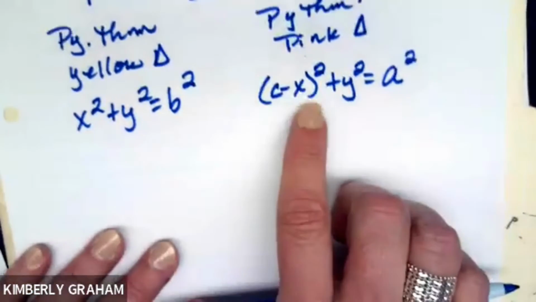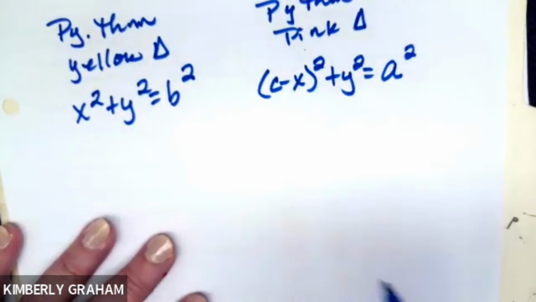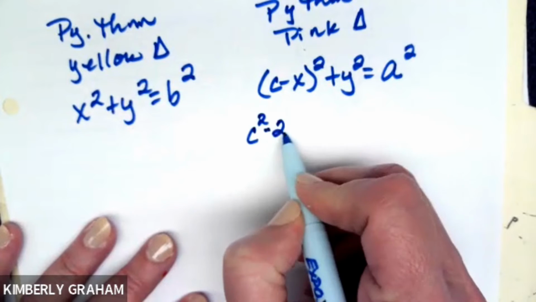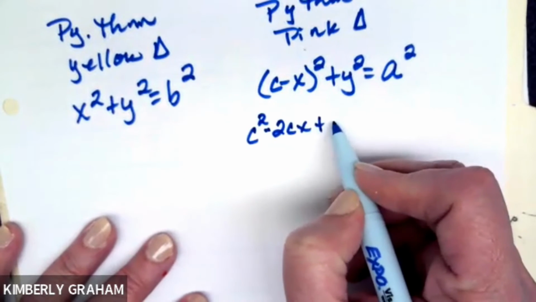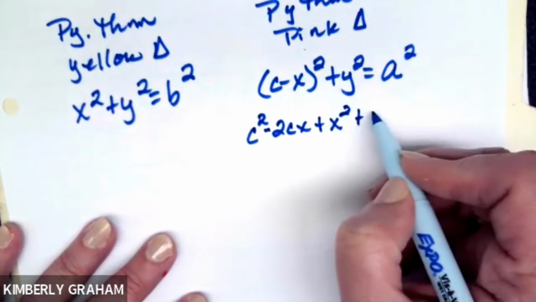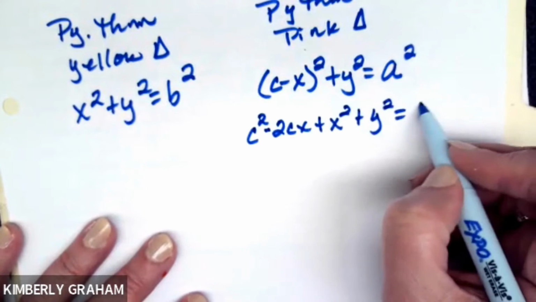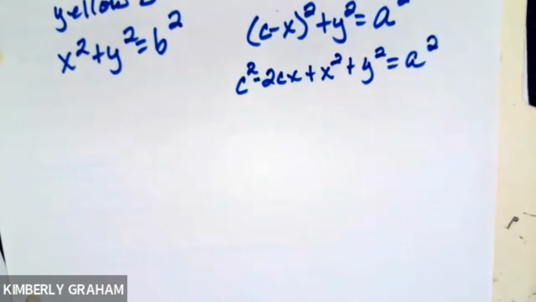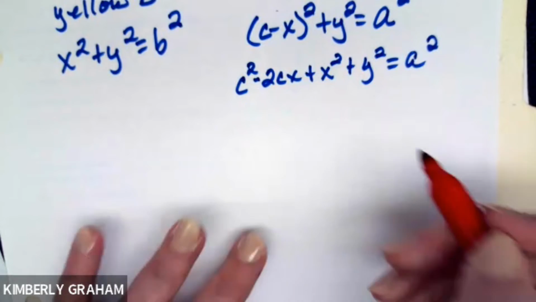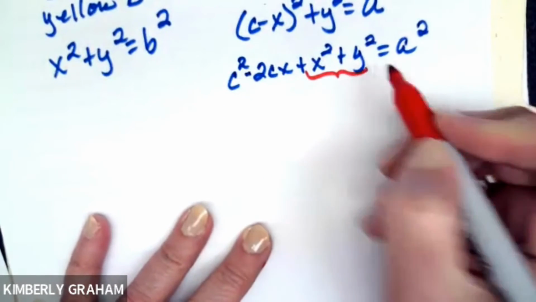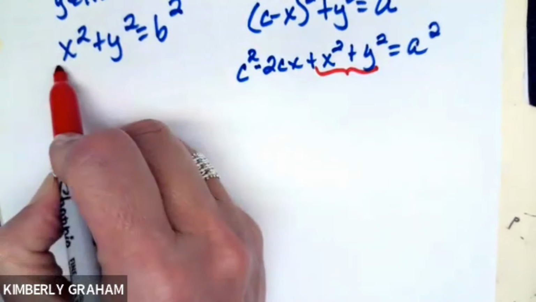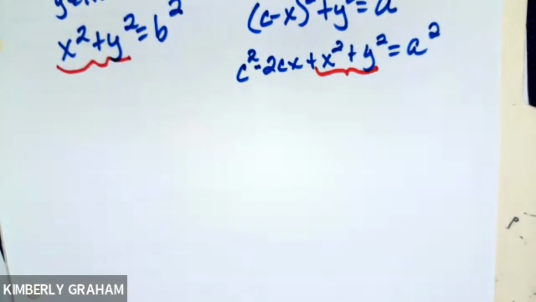Now I'm going to go ahead and multiply this out. So this would be c squared minus 2cx plus x squared plus y squared equals a squared. And then what I'm going to do is to take this part right here, this x squared plus y squared, which is what this is, and I'm going to substitute in b squared.